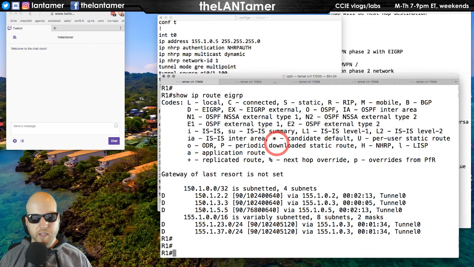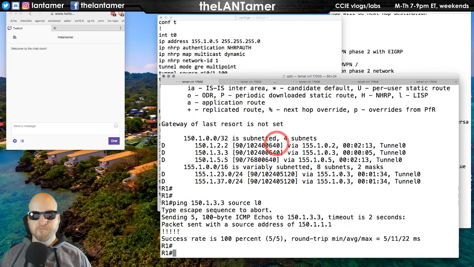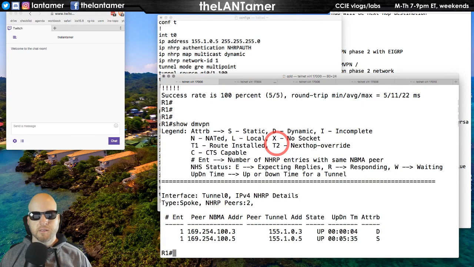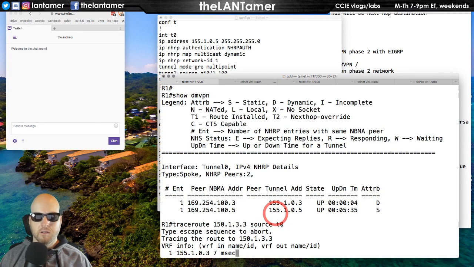So now if I do a ping 150.1.3.3 source L0, now we have a tunnel. This says static, of course, it would be considered static, but notice it just came up. If we do a traceroute, yeah, this is a problem.